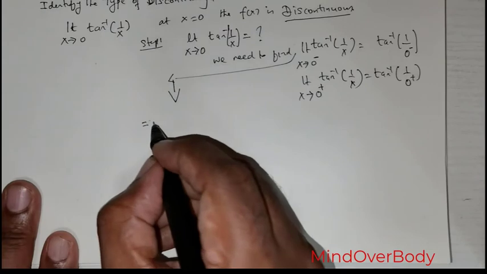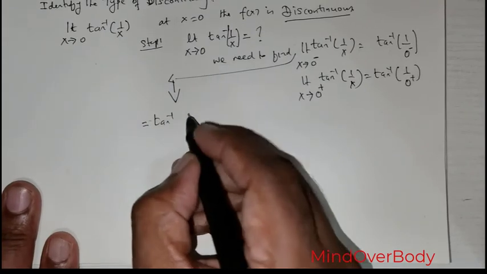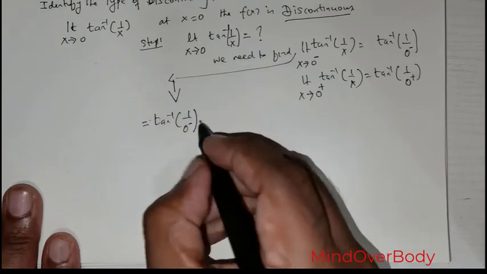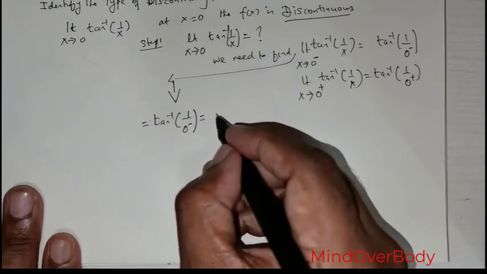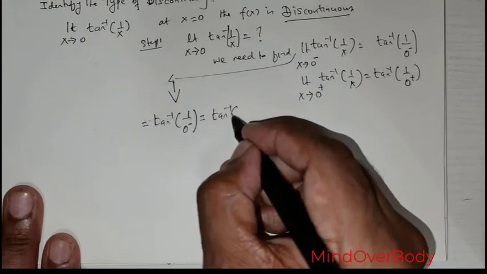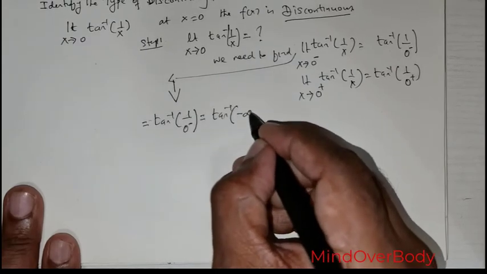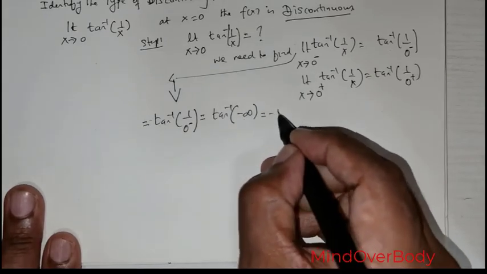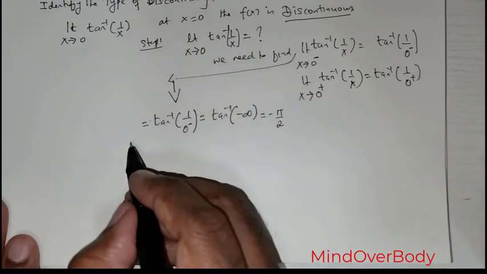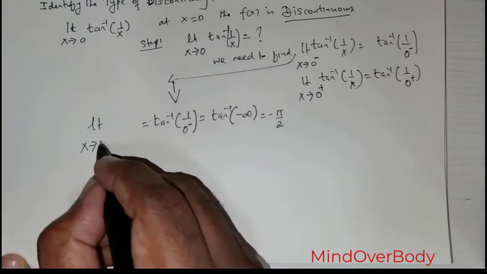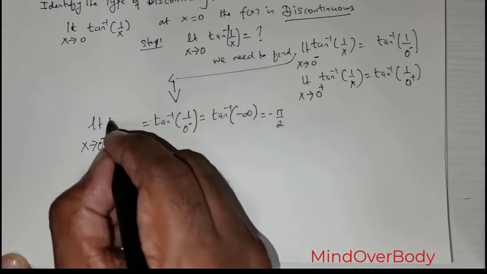So this is equal to tan inverse of 1 over 0 minus. Now what is that equal to? That is going to be equal to tan inverse of negative infinity. Now what is tan inverse of negative infinity? That's going to be negative pi over 2. So this we have obtained when x approaches 0 from the left side.